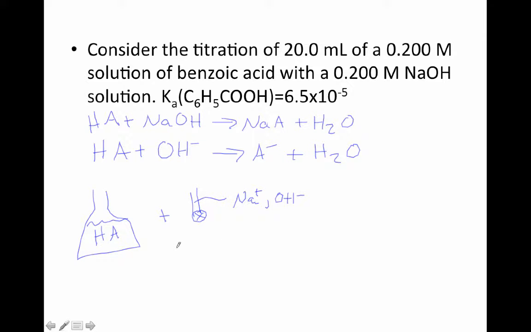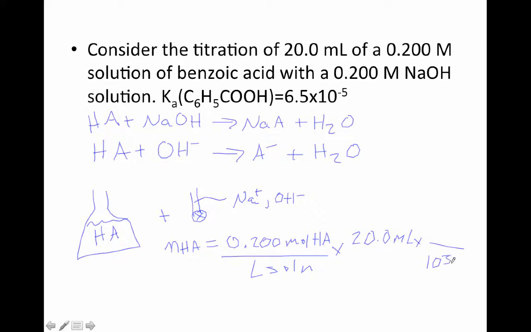We can calculate the moles of benzoic acid that we start with in the Erlenmeyer flask using the 20 mL and the 0.200 molarity. So the moles of HA in the flask at the beginning of the titration is 0.200 moles of HA per liter of solution, and we have then 20 mL of this solution, where there are 10^3 milliliters per liter.